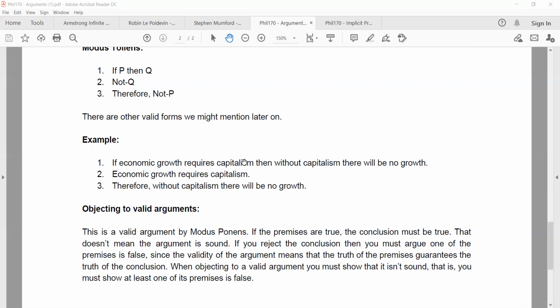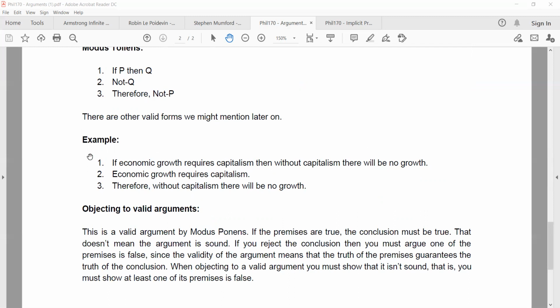But in a sense, premise number 1 is a sort of analytic sentence, where if you accept that economic growth requires capitalism, it almost trivially follows that without capitalism there will be no growth. But maybe you want to challenge that there's this relationship. Maybe you want to see if there are other ways to interpret this conditional claim.